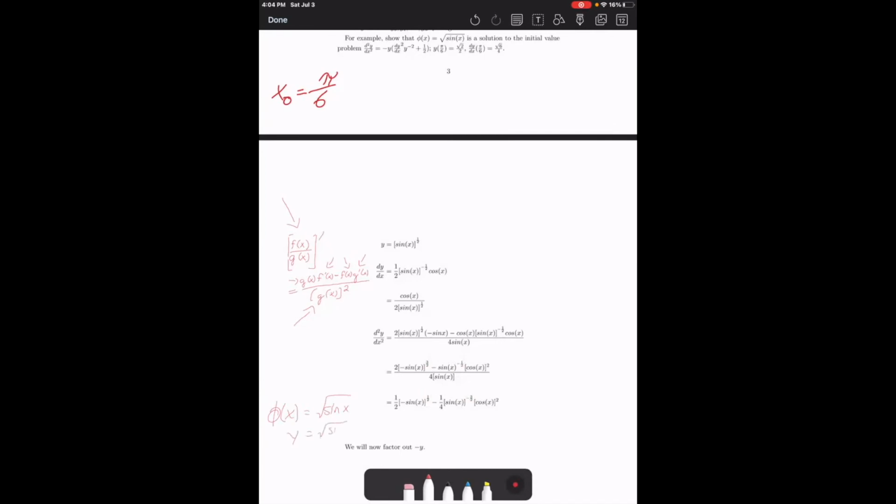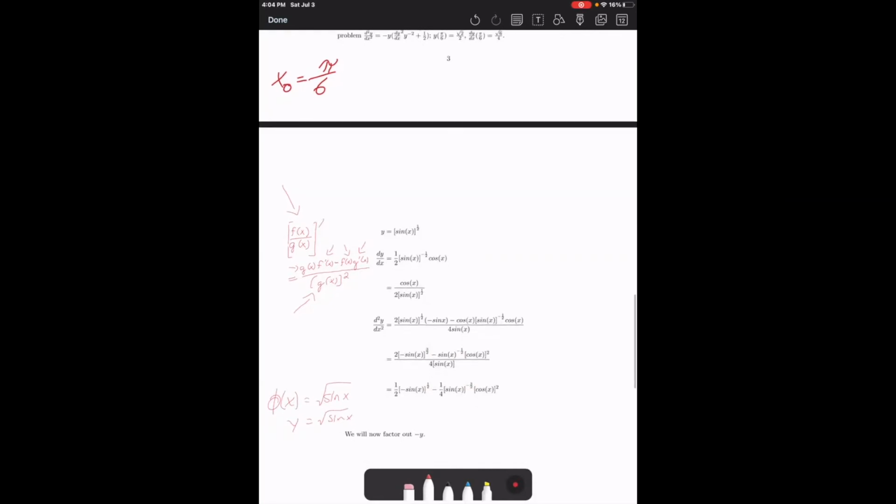So if we set y equal to the square root of sine x, will this serve as a solution to the differential equation? The second order derivative of y with respect to x is equal to negative y times dy dx squared times y to the negative 2 plus 1/2.